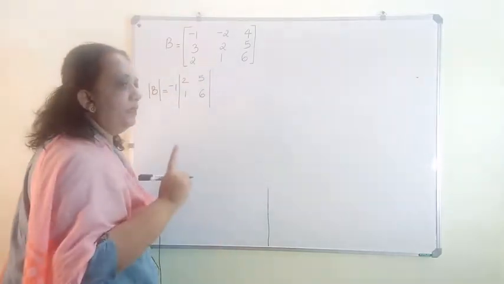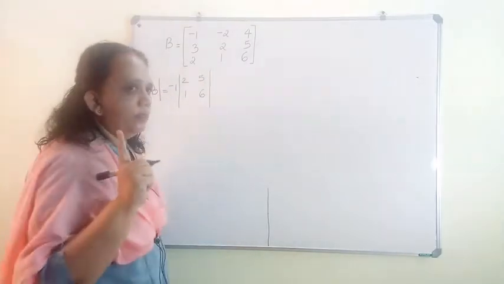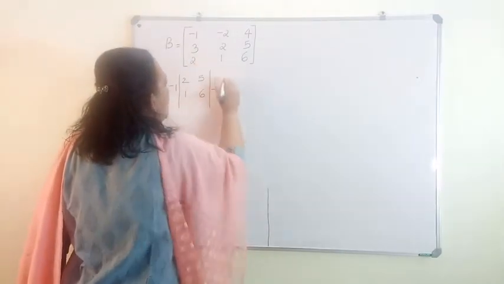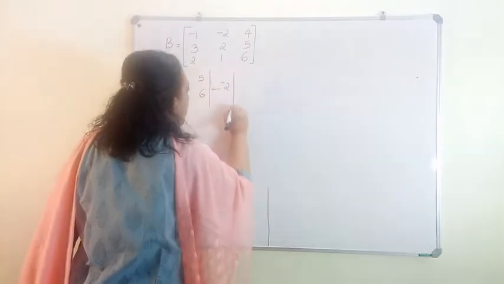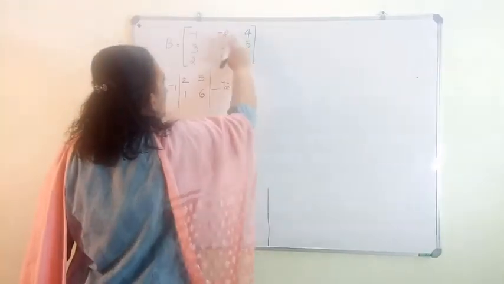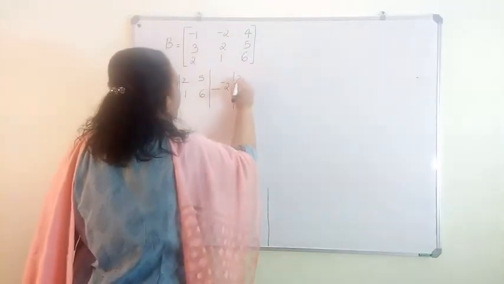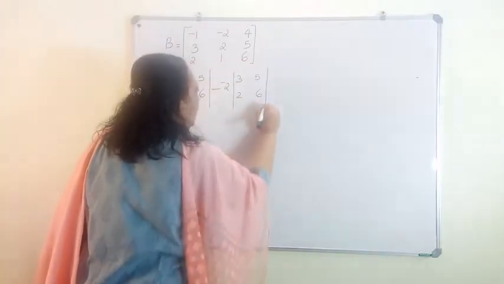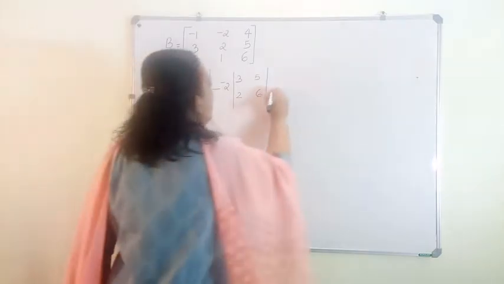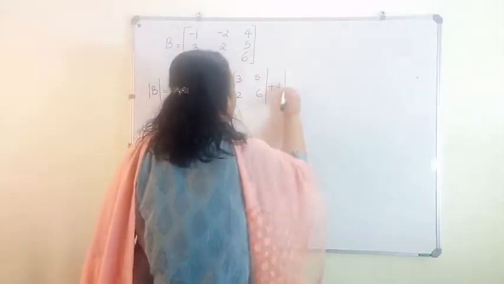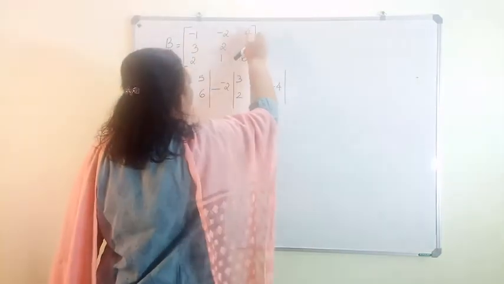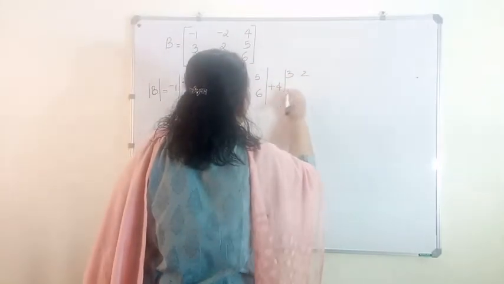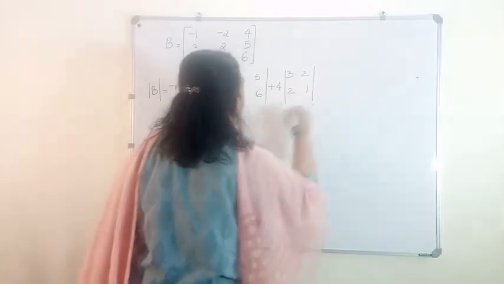Now, what is the sign? Yes, minus. Then comes the element. What is the element? Minus 2 into determinant. Eliminate the first row and the second column. It will be 3, 5, 2, 6. Then what is the next sign? Plus 4 into determinant. First row and the third column you are eliminating. 3, 2, 2, 1.